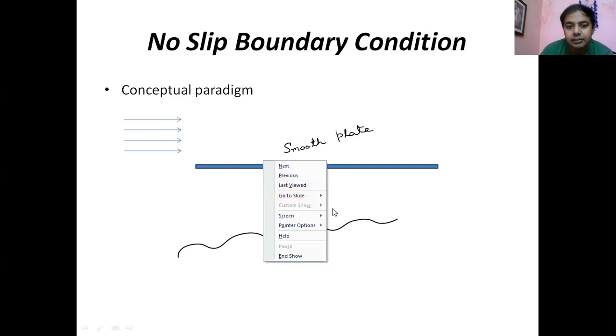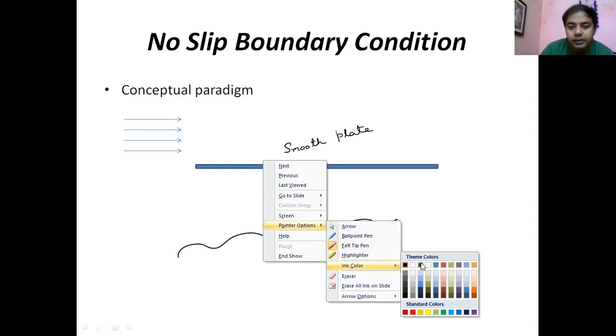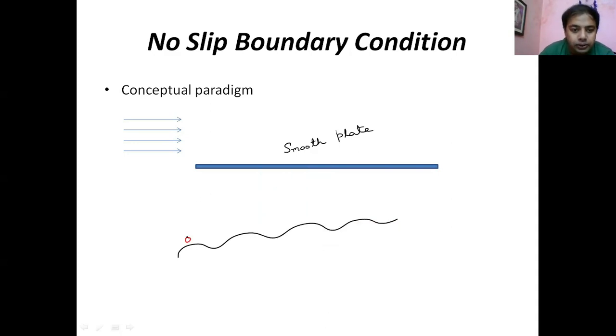So another theory regarding this says that the fluid molecules coming here, adjacent fluid molecules, will be like this. This is the first layer, just adjacent to the plate. The layer above has some velocity.